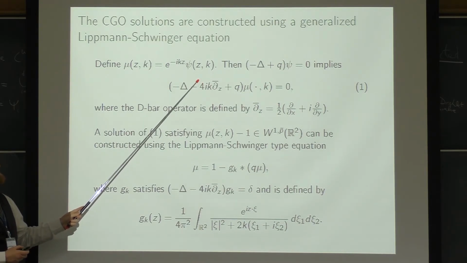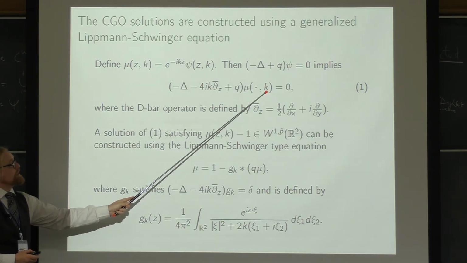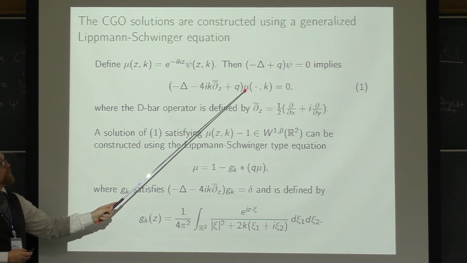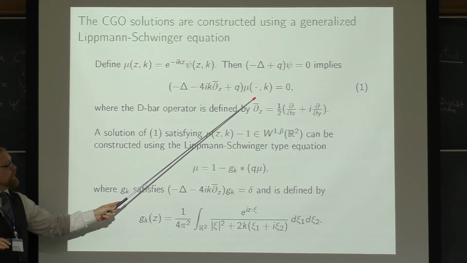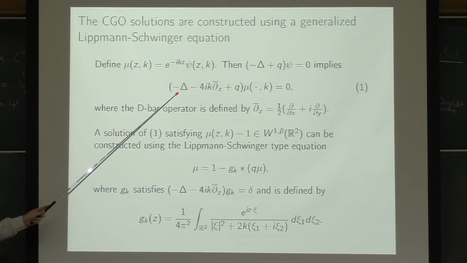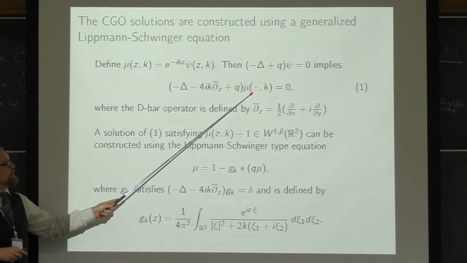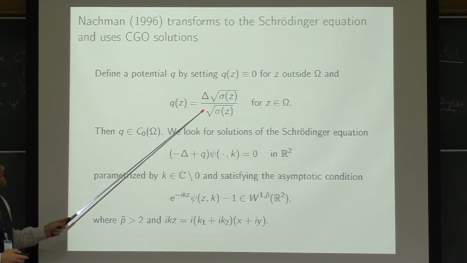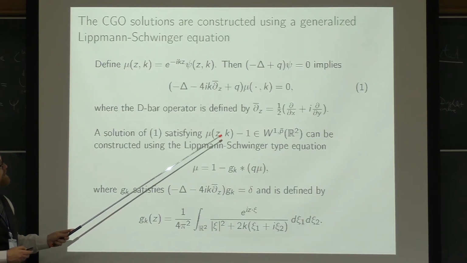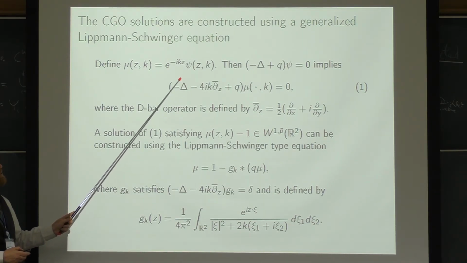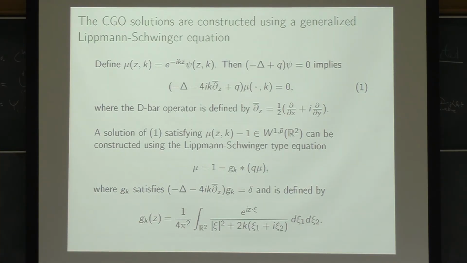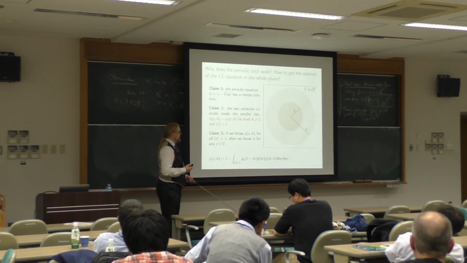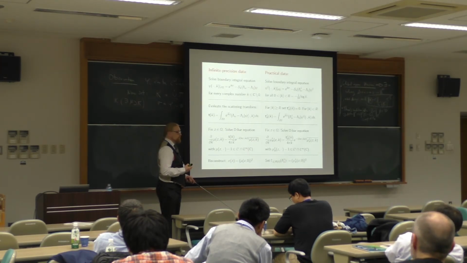So now, if you just take k to zero here, you can ask, what is the function you should put here that is 1 asymptotically at infinity and satisfies this equation? Well, if you put the square root of conductivity there, it will cancel this one, and this will give the Laplacian of the square root of conductivity with a minus sign. So it will give 0. So this is an extremely hand-waving proof. Why do we get the conductivity back from the mu functions by putting them to 0?